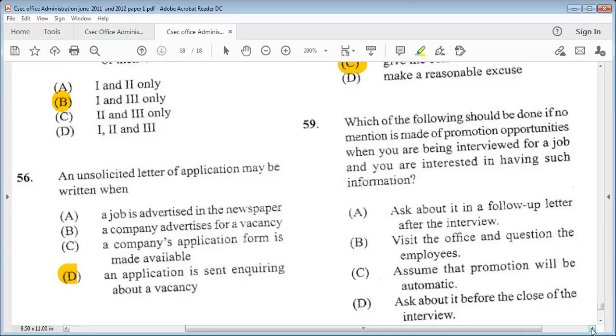B. Visit the office and question the employees. C. Assume that promotion will be automatic. Or D. Ask about it before the close of the interview. It would be best to D. Ask about it before the close of the interview.